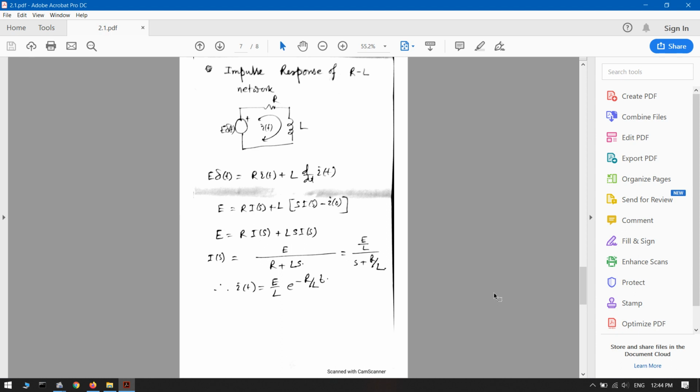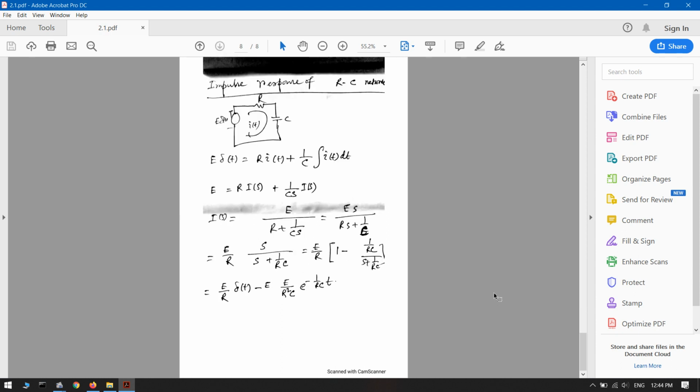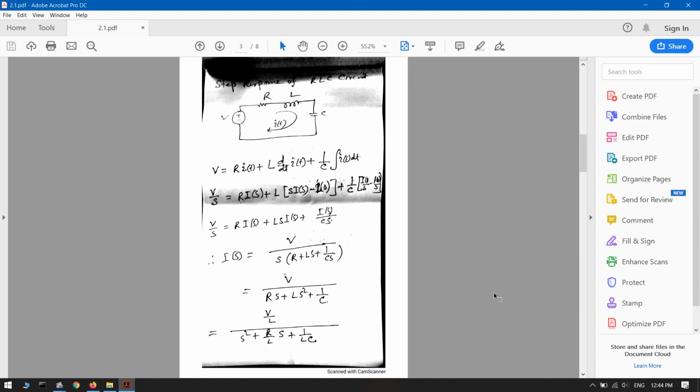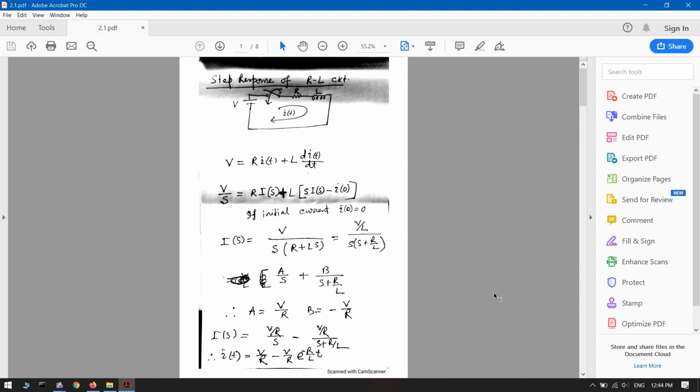V by S square, that is in the frequency domain, but ramp function means V of t equal to A into t, or some constant alpha into t, isn't it? It's the ramp function. So you have to write the KVL equation: alpha into t equals R i(t) plus 1 by C integral of i(t) dt. So this is the basic equation.